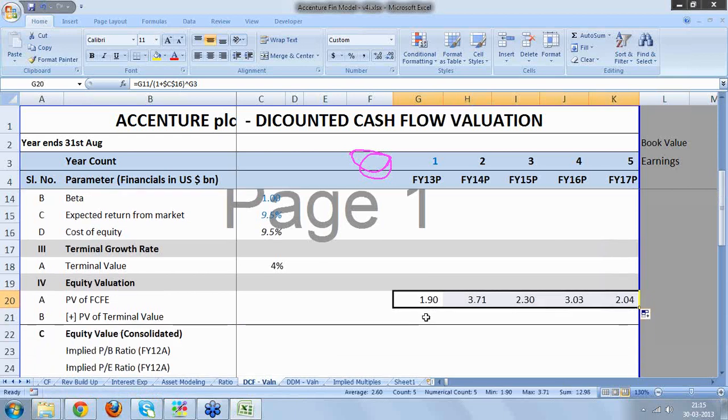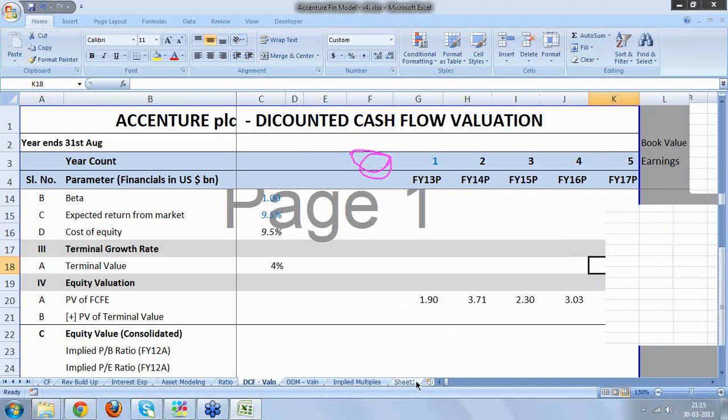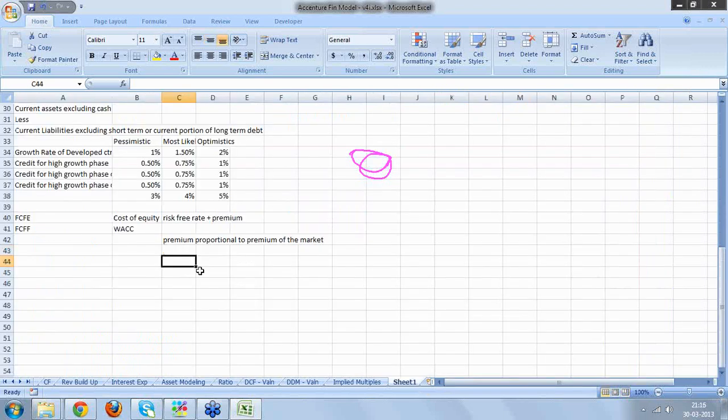Then I need to figure out the present value of terminal value. Before that, I need to calculate my terminal value. Terminal value is nothing but the present value of all the future cash flow beyond the horizon period, sitting in the outermost year.